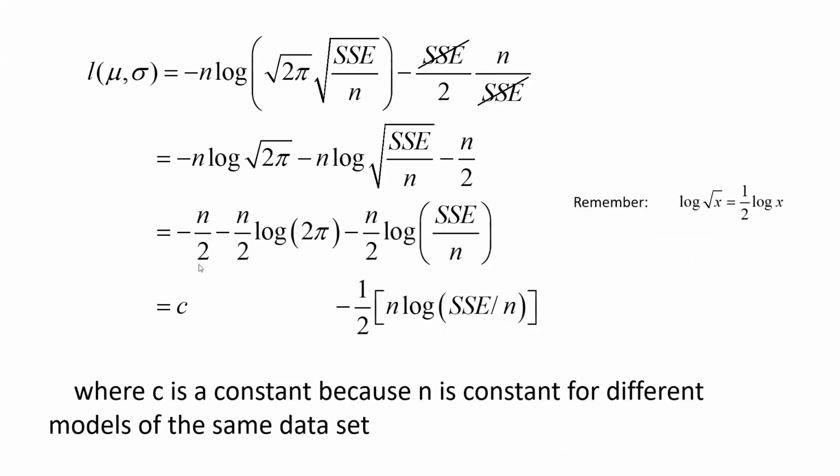And the one in the front, or maybe the two in the front, does not depend on which model I choose. The number of observations is always the same. Pi is always the same anyways. So it's constant for the model selection. On the back end here, depending on which model I choose, I will get a different sum of squares error, right? So something changes back here.